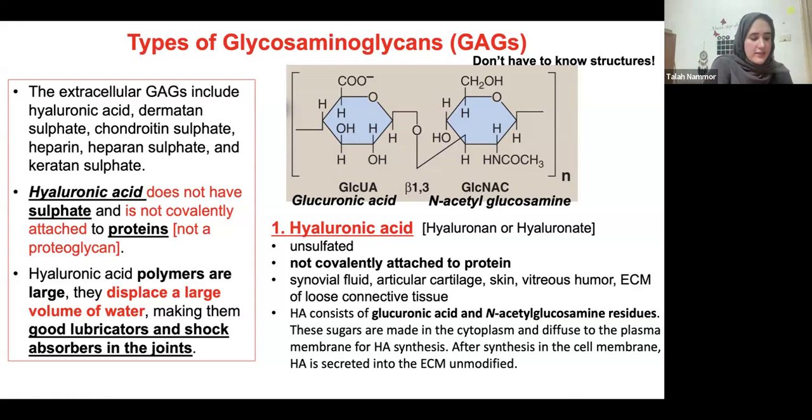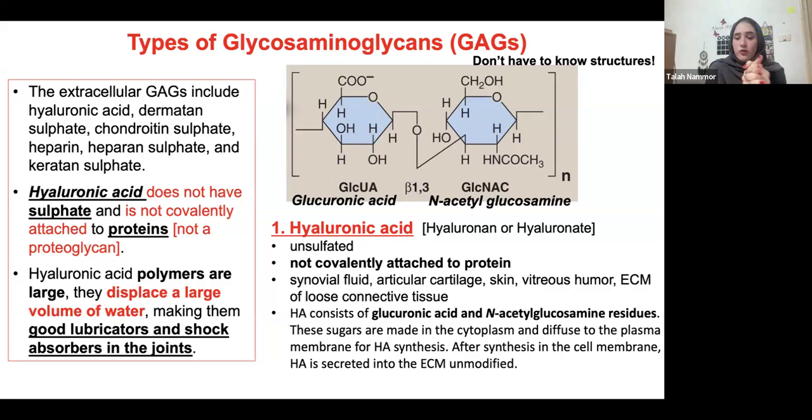And when we say unmodified, what do we mean? We're not going to add a sulfate because it's unsulfated, okay? And it's not going to be covalently attached to a protein. So this is the structure that will happen. Glucuronate or glucuronic acid and N-acetylglucosamine come together. They're formed in the cytosol. They diffuse to the plasma membrane where they form hyaluronic acid.